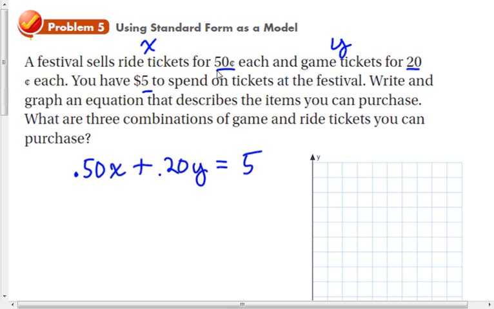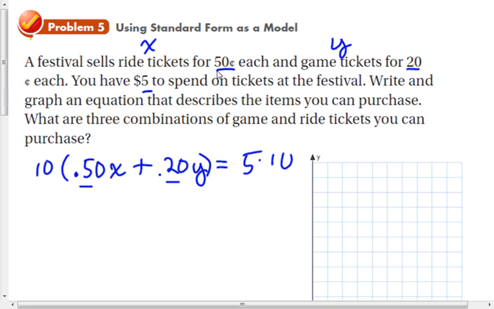Now, I would kind of like this to not have decimals in it. So I'm going to just multiply everything by 100 to get rid of those decimals. Actually, you could really just multiply by 10, and then we get 5.0. Let's do that. I like that better.